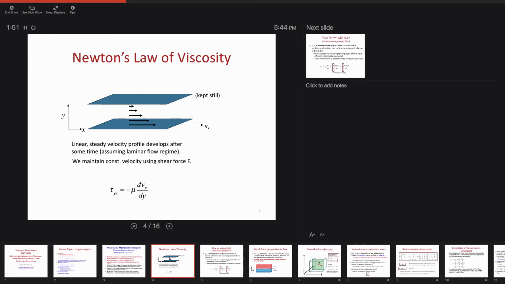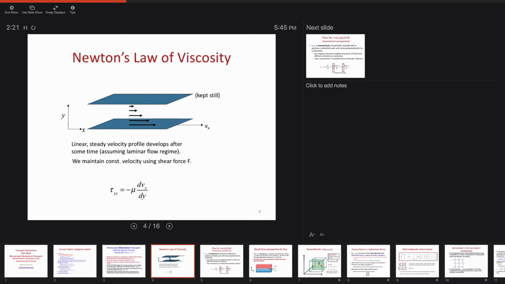My momentum is simply rho vx. When I have differences in velocities, those differences in the layers of fluid will cause momentum transfer in the y direction. So the direction itself is orthogonal to the velocities. I have x and y directions here that are orthogonal to each other.